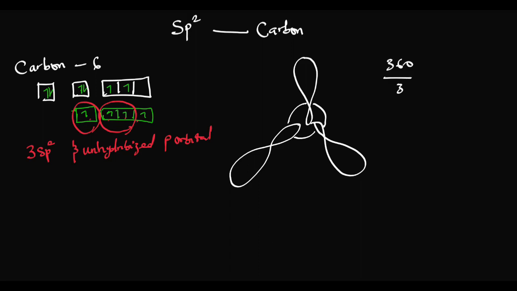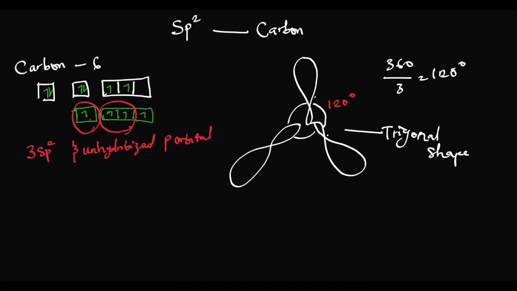So 360 divided by 3 will give us 120 degrees. So the angle between this and this is 120 degrees, and it's also planar. So what kind of shape is this? A trigonal shape. A trigonal planar shape.